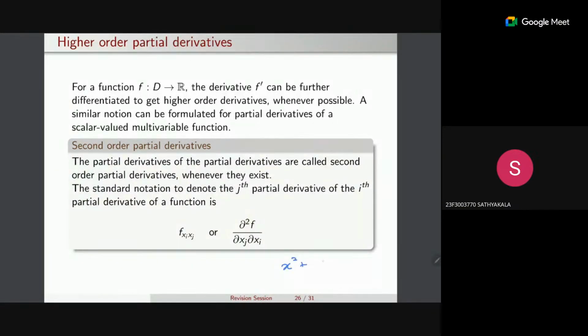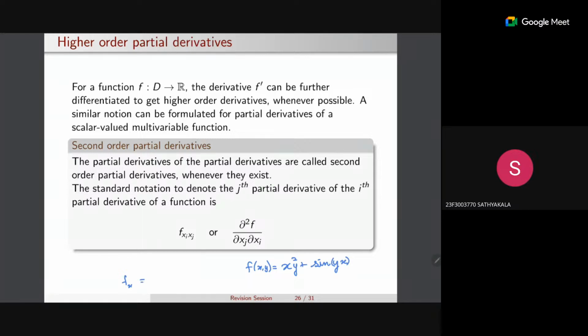Example, x squared y plus sine xy, just something. Maybe we'll have to do something like this, otherwise it will be trivial. Now, suppose my f is given by this nice function. There are no points where weird behavior happens. What is fx?